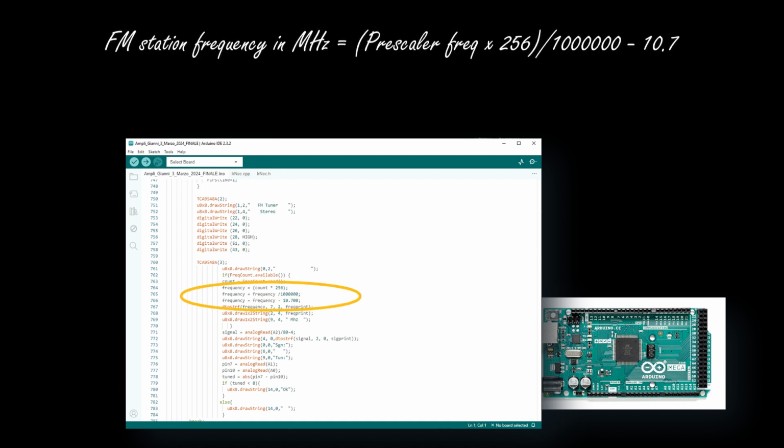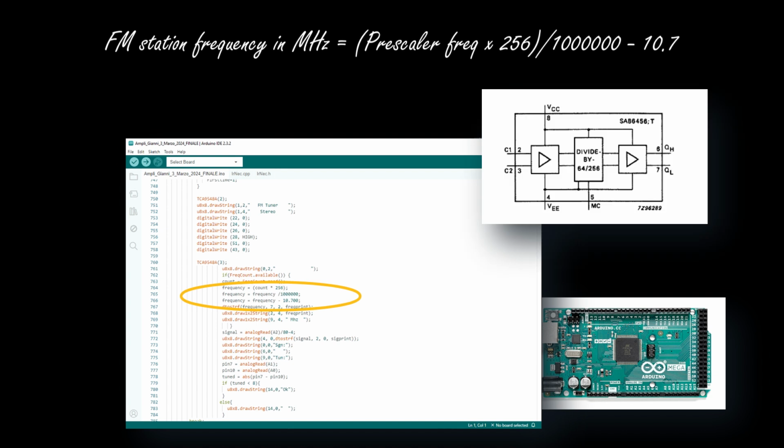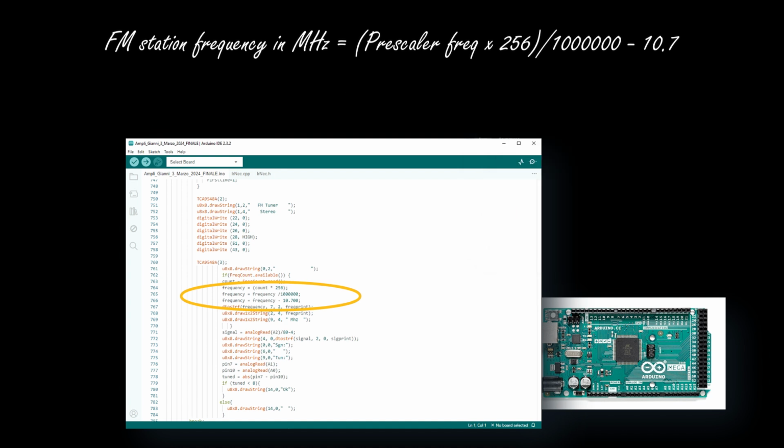First of all, Arduino needs to multiply the frequency received by 256 because, as you might remember from my last video, the prescaler deployed within the FM tuner divides the local oscillator frequency by 256. So again, in order to have the final received frequency in megahertz, I need to multiply the frequency of the signal I receive from the prescaler by 256.